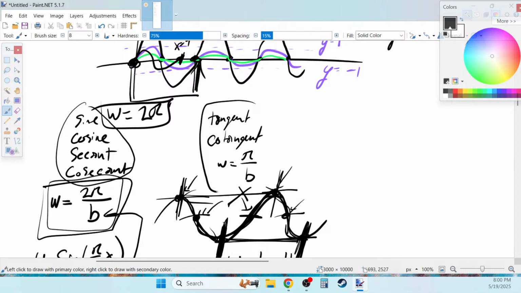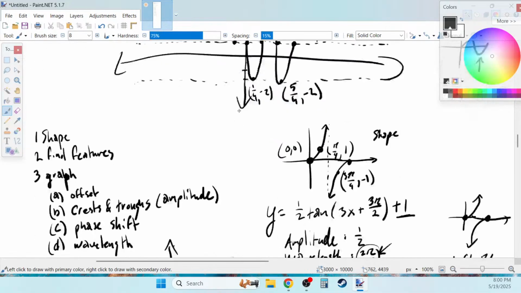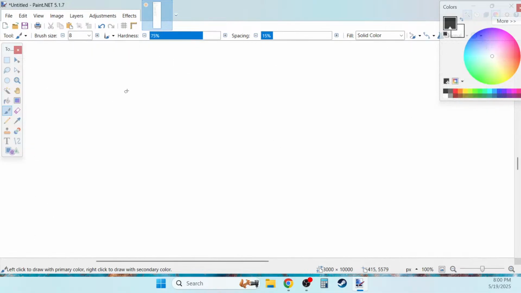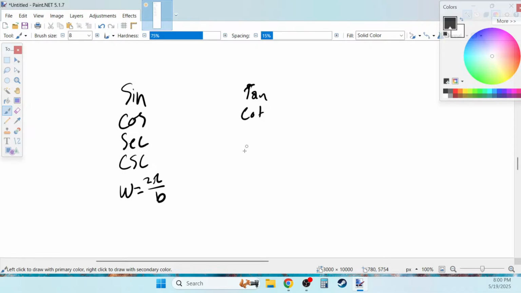For tangent and cotangent, it's wavelength equals pi over b. Yes.